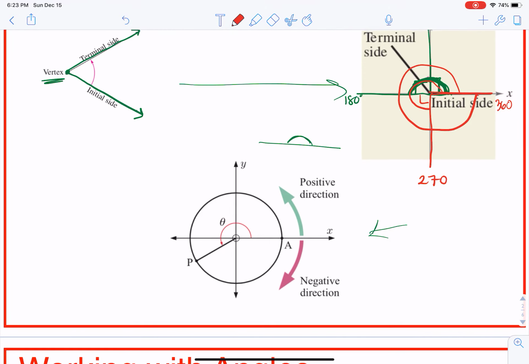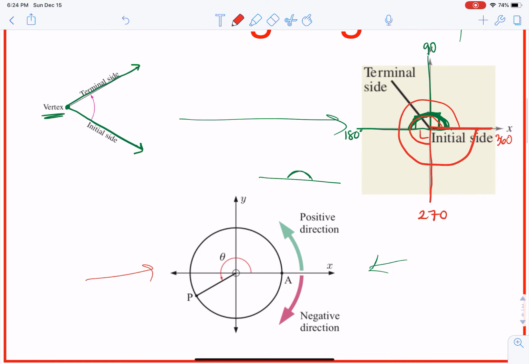If you come down here to my last diagram, we can measure degrees in a positive direction or a negative direction. Everything that we just did up here, we were measuring in a positive direction. Down here, for example, I could have my initial side of my angle here and my terminal side here, and I could call this angle measure negative 45 degrees.